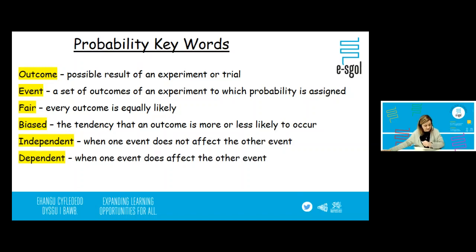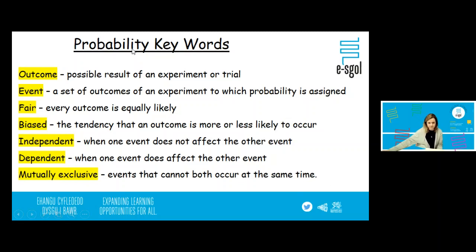The opposite of that is dependent, so one event does affect the other. That would be something like if you've got sweets in a bag and you eat a sweet, then the chance of you getting a certain sweet the next time would be affected because you've already eaten one sweet and it's reduced the number of sweets in that bag. So dependent would be affected by what's happened before.